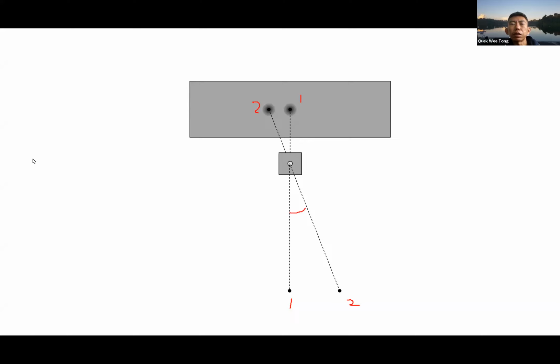But you also need to realize that because it's a very narrow slit, there's also a single slit diffraction effect. So belonging to each of the 1 and 2, the spot has an intensity pattern, which is the single slit diffraction pattern, with a minimum.